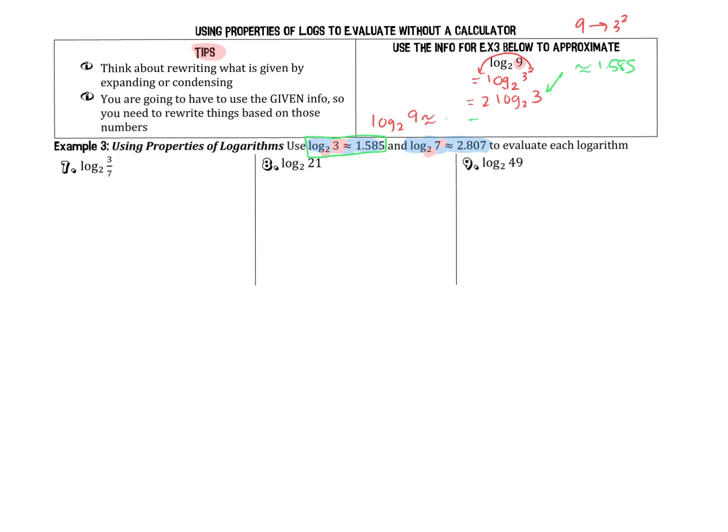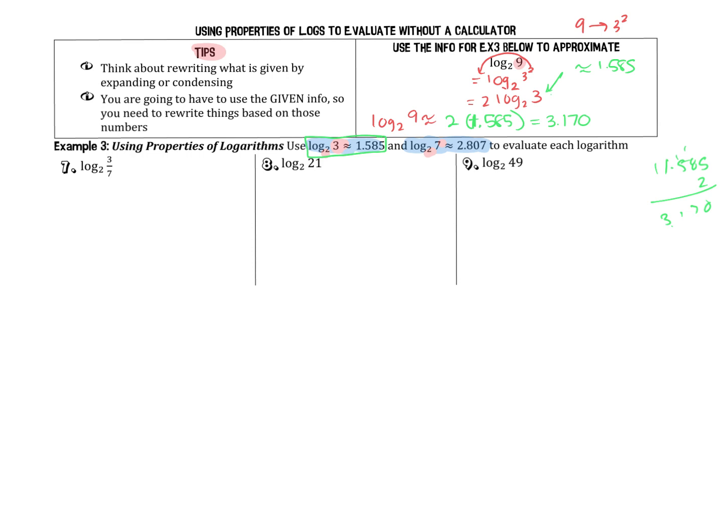This is going to be approximately 2 times 1.585, which we could do by hand to get 3.170. So we were approximating log base 2 of 9 using log base 2 of 3 and knowing that we could use this property to move the 2 in front.